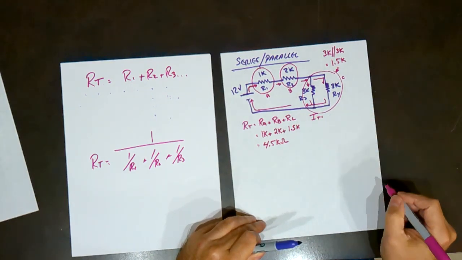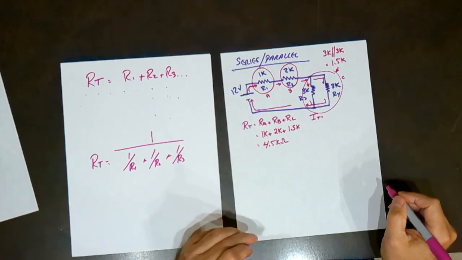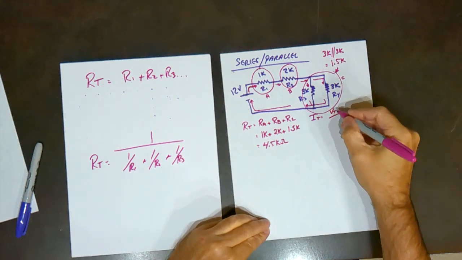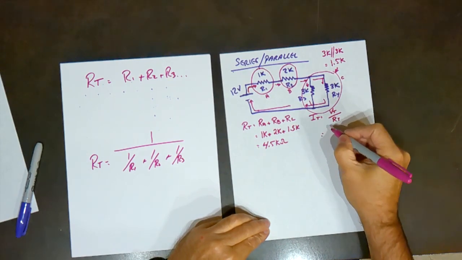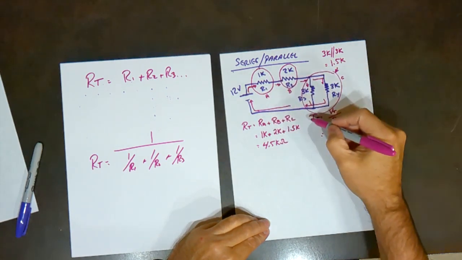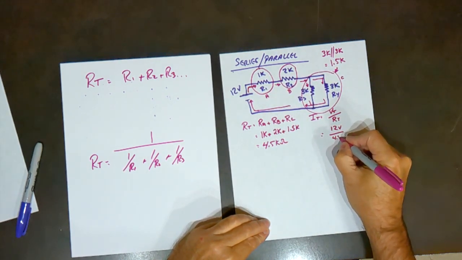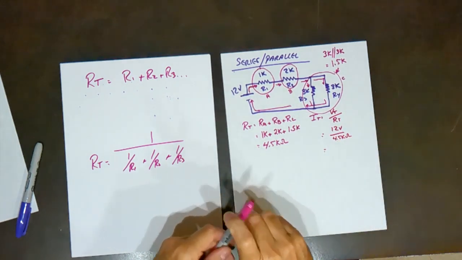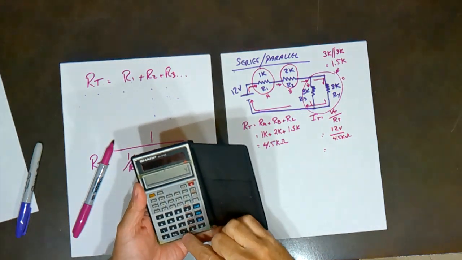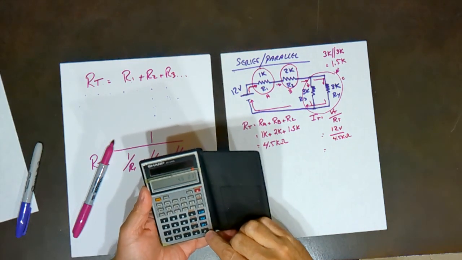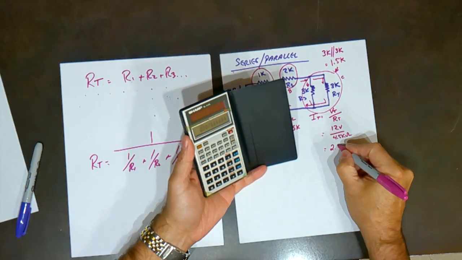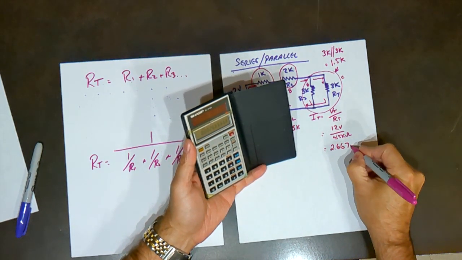Then we can go ahead and find I total. I total is V total divided by R total. V total is 12 volts, R total is 4.5K. Therefore, I total is 12 divided by 4.5 kilo, which equals 2.667 milliamps.